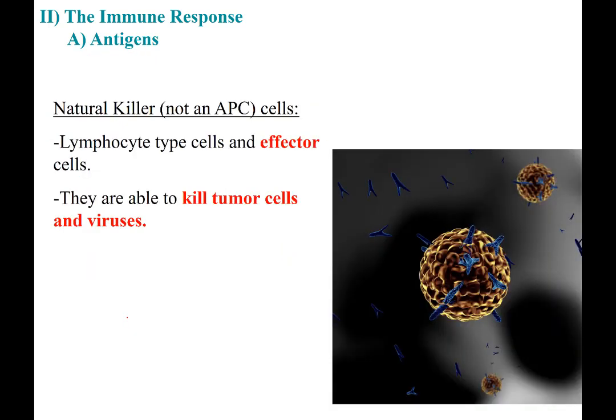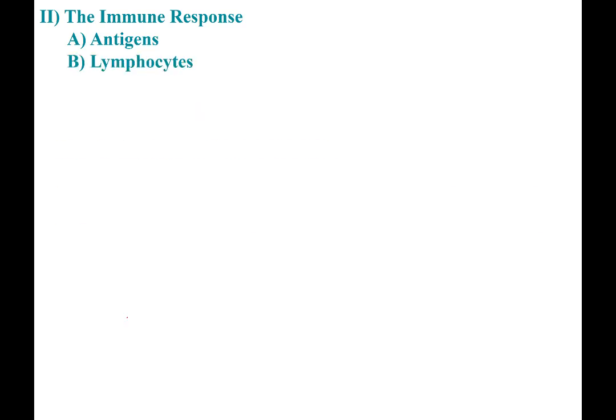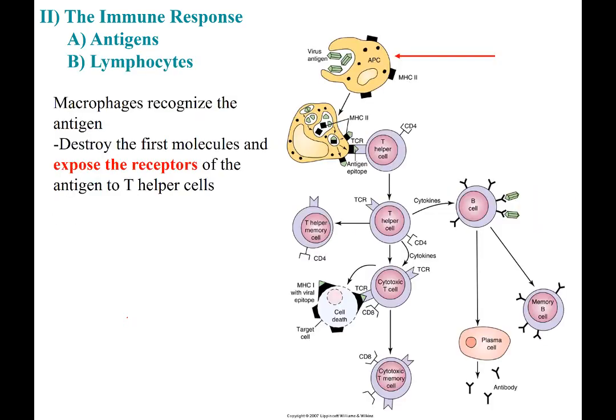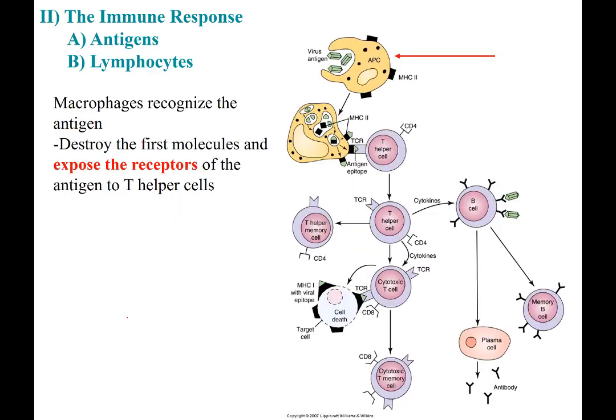Other cells that we've talked about are natural killer cells. Again, we've talked about this before, so I'm not going to spend too much time on this. I want to spend a little bit more time on this particular graph. This graph is important, and I'm always trying to make sure you pay attention and focus on what's important during lectures.